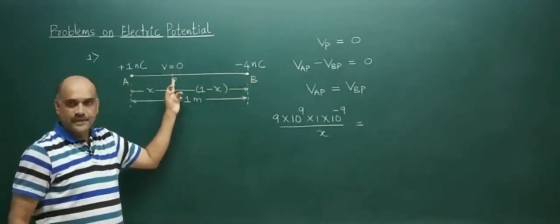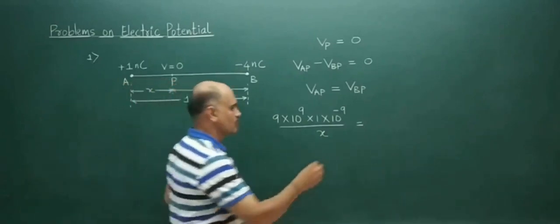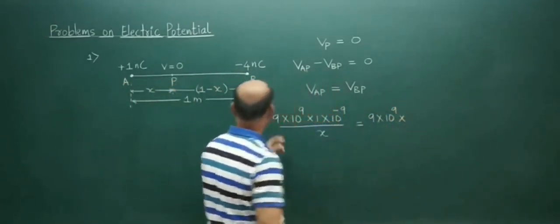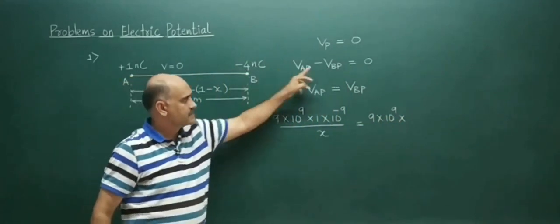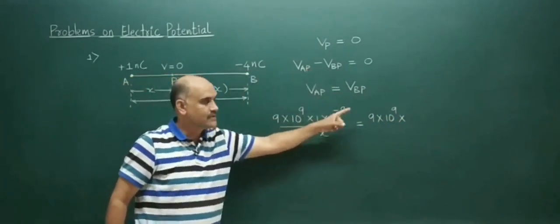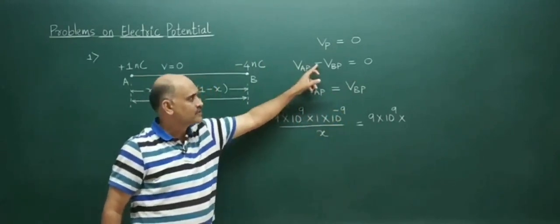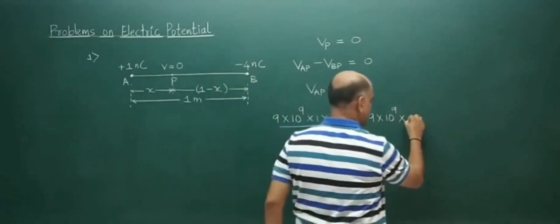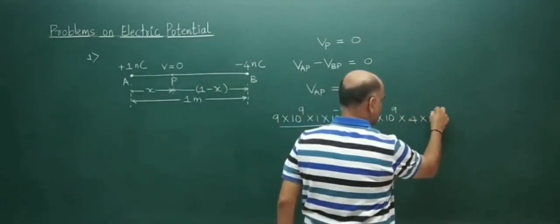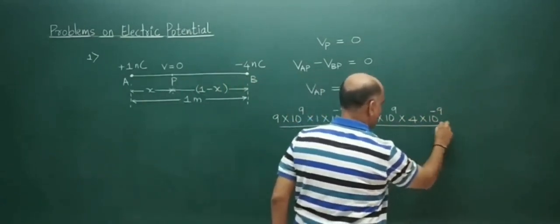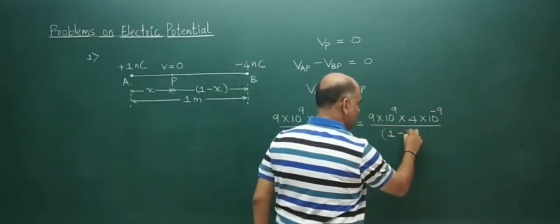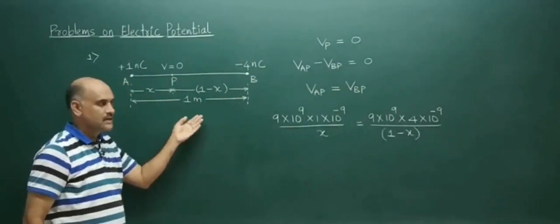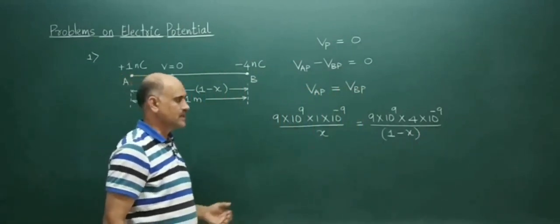Potential due to B: again the formula, 9 into 10 raised to 9, charge is 4 nanocoulomb. Minus I have already considered over here, so you don't take minus 4 again. So it is 4 into 10 raised to minus 9 divided by distance 1 minus x. Now you simplify, you will have the answer.